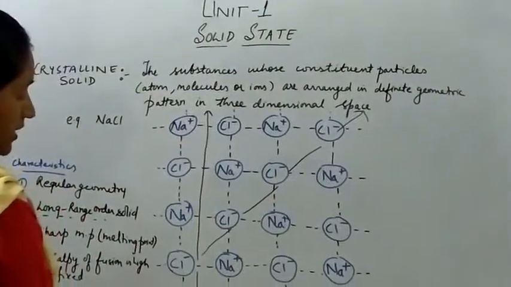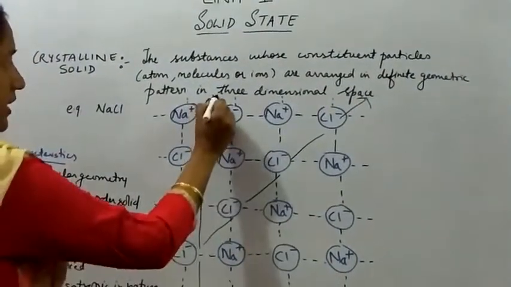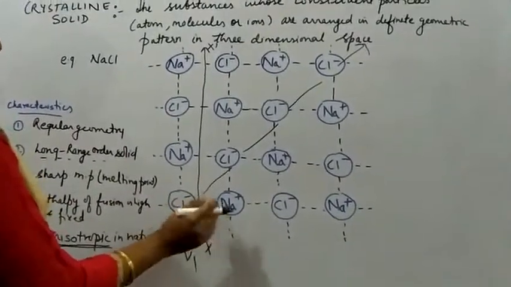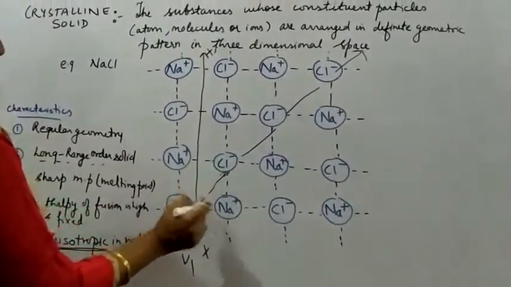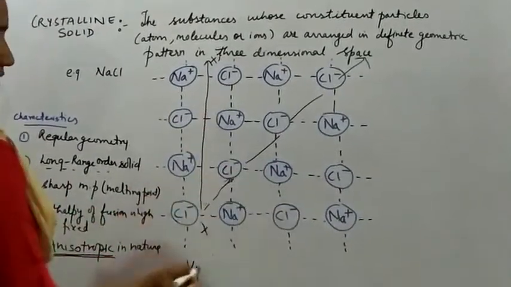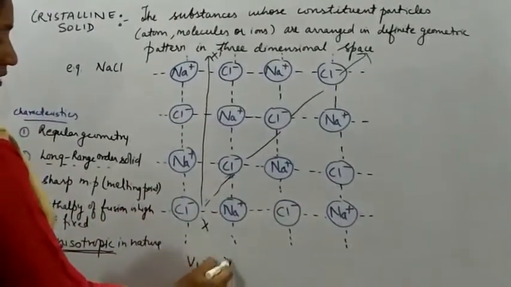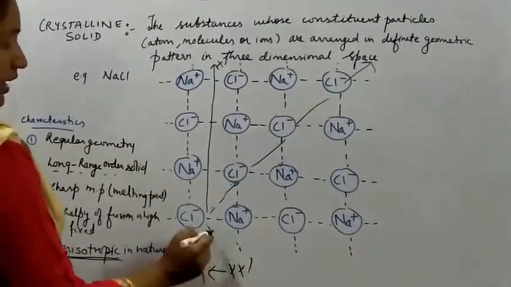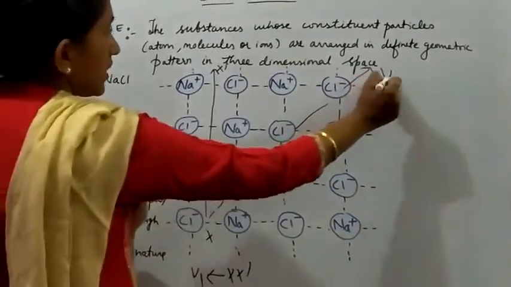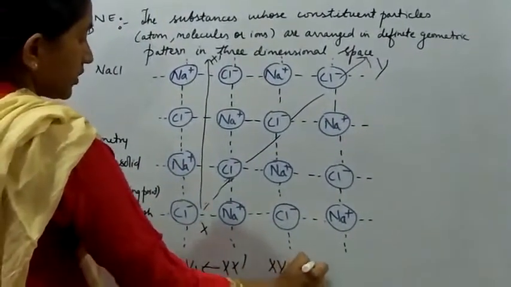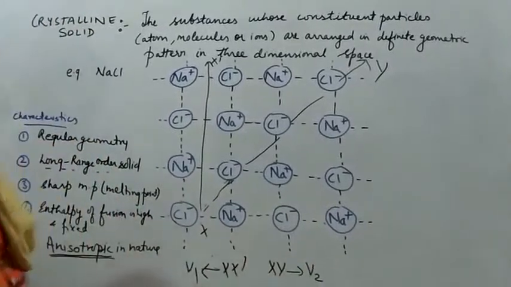If I take this as x dash, and the velocity along it is v1, and when it is along x y, at that time the velocity is different.